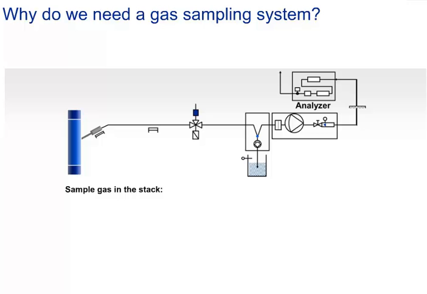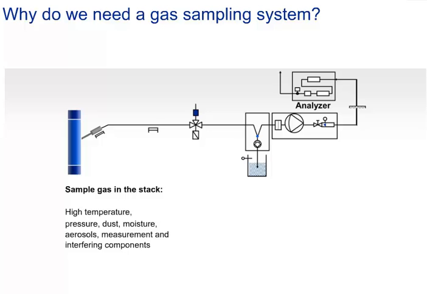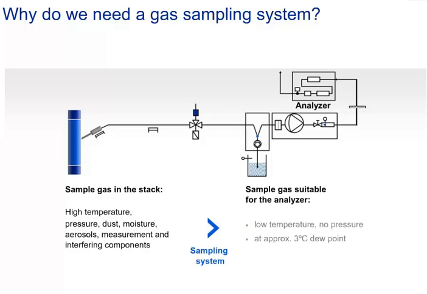Typical conditions for stack gas are high temperature, for example 150 degrees C, pressure, high dust load, moisture, approximately 20 volume percent H2O, 60 degrees C dew point, aerosols. The cold gas analyzers need a dry and clean sample gas.